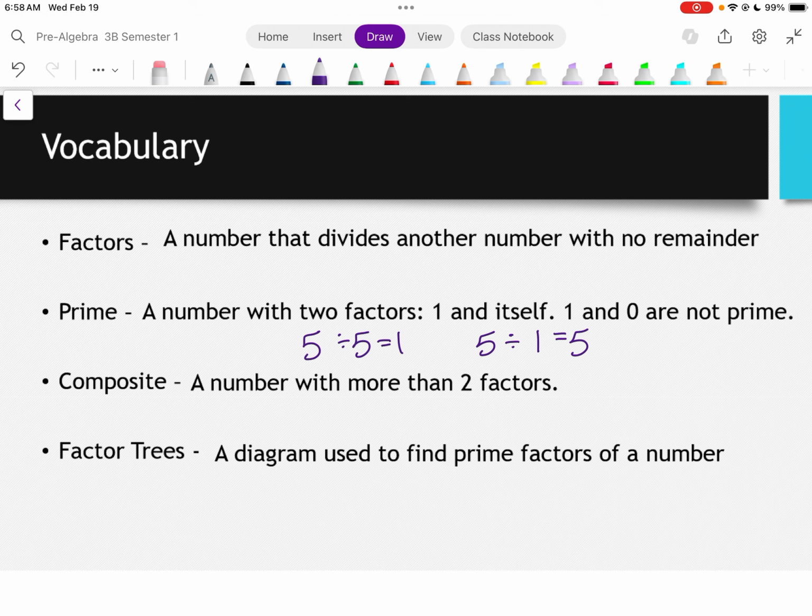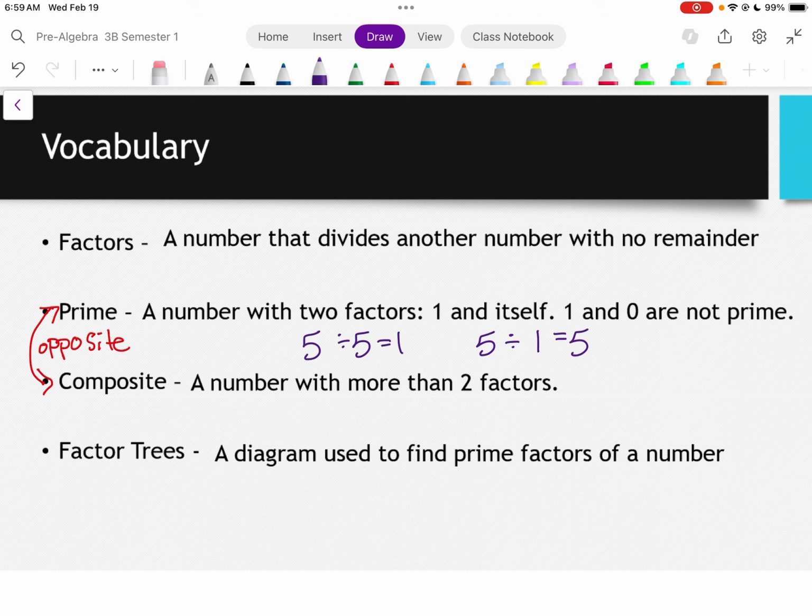So then prime and composite, these are opposite of each other. So a prime only has 2 factors. A composite is going to have multiple factors, so it's going to have at least 3 or more.